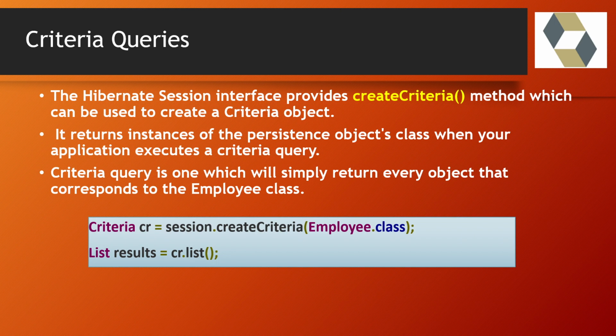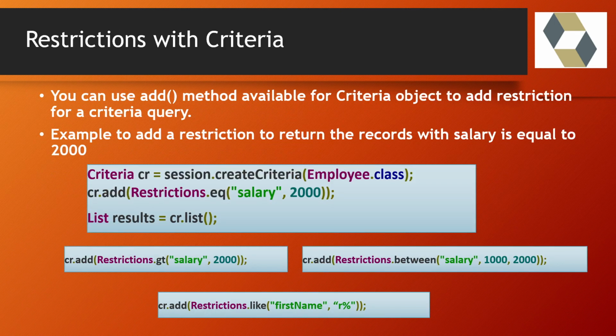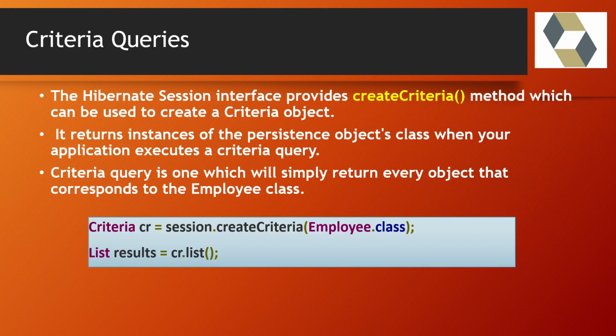Now to this query, you are supposed to add criteria. You can see some operators. You can use this add method available for the criteria object to add restrictions. Restrictions equal, greater than, like. Now we are filtering. In the previous slide, we fetched all the records using the criteria object.